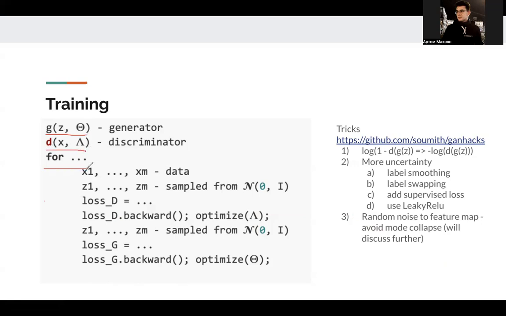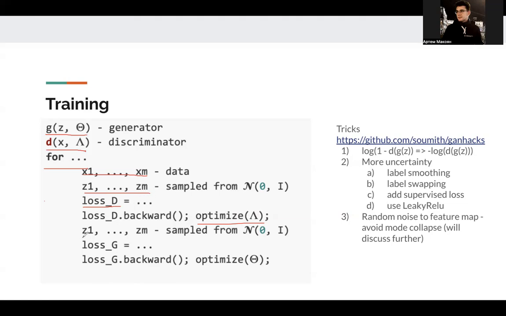We go through the dataset, obtain batches, calculate the loss for the discriminator, as I explained before, and optimize only the discriminator. Because in the first step, only the discriminator becomes more clever, and it optimizes itself using cross-entropy loss like in the classic approach. We want to minimize cross-entropy loss.